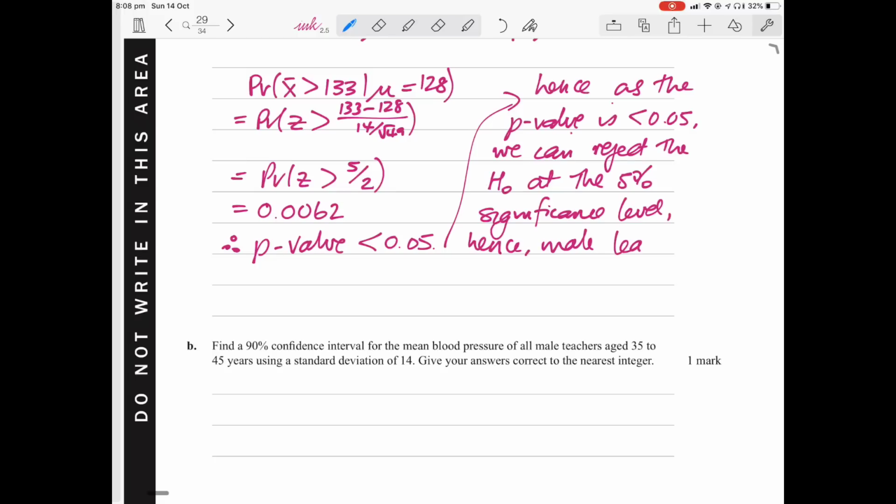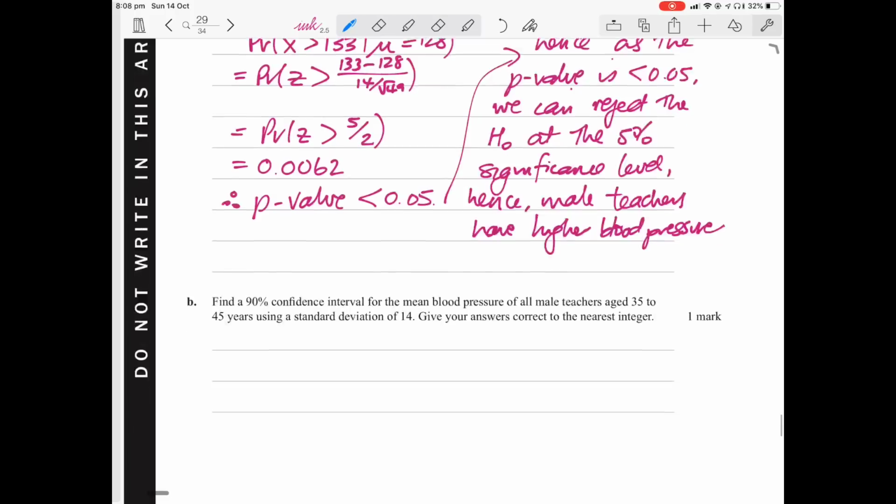Male teachers have higher blood pressure.